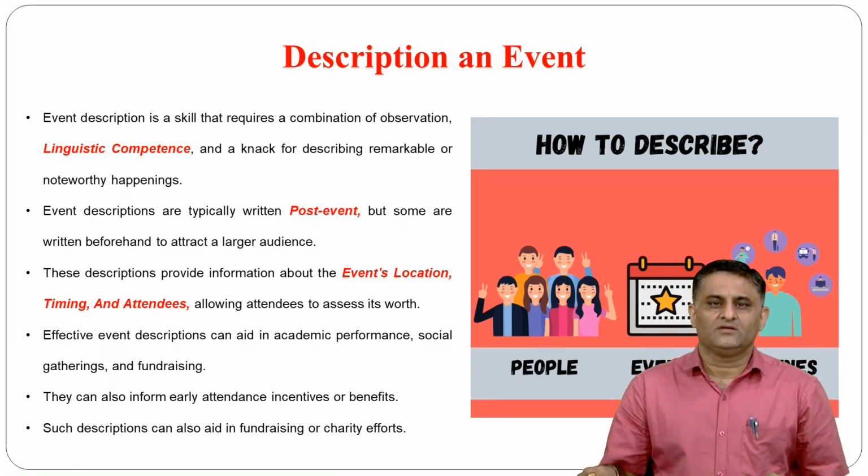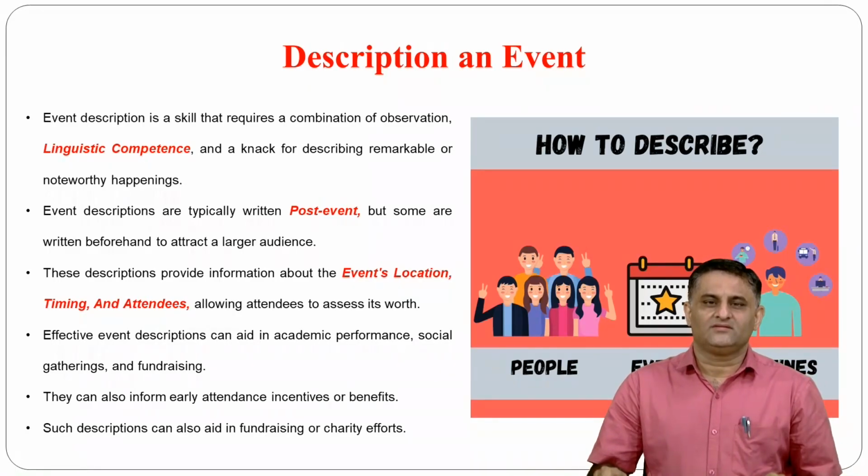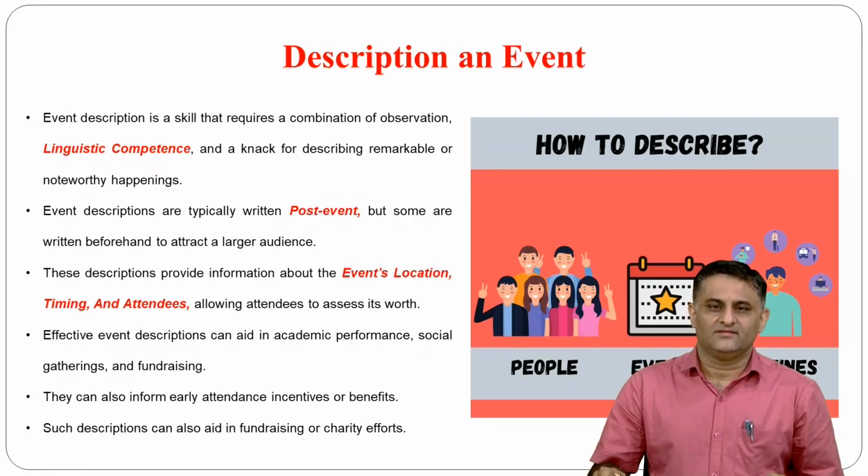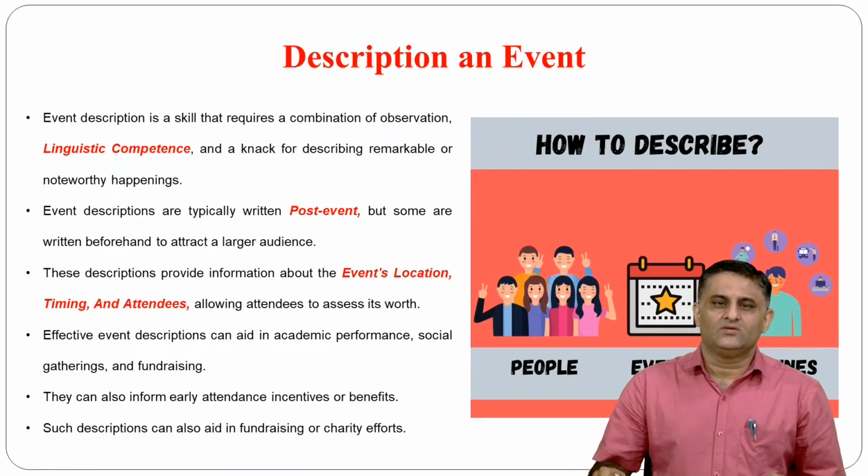Event description is the skill of clearly explaining important details about an event, including its location, timing and attendees. It requires good observation, language skills and the ability to highlight key moments.